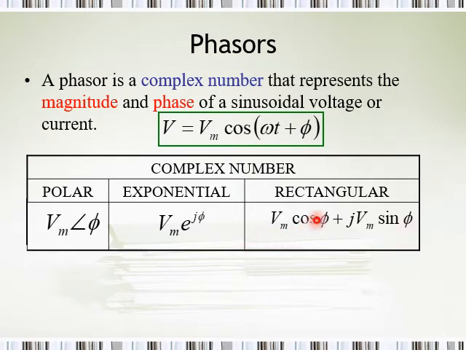So this is rectangular form, real and imaginary. Real Vm cos phi plus imaginary part j Vm sin phi. Okay, this is the normal format of polar and rectangular in complex number.